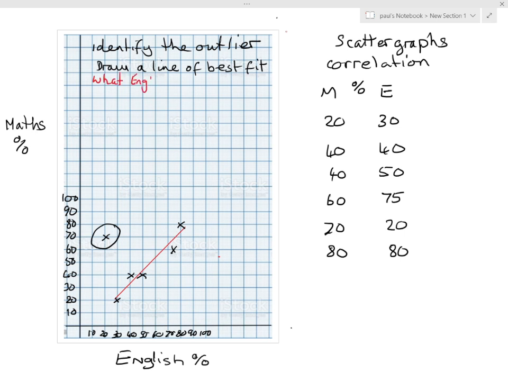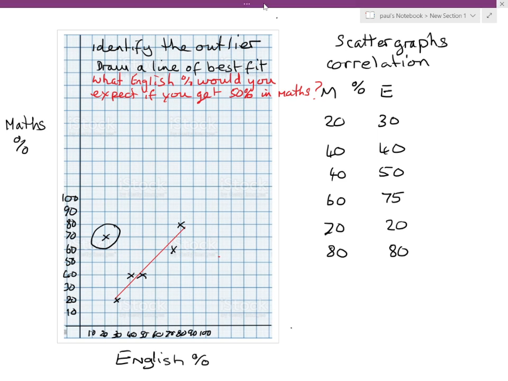The second question, based on your line of best fit that you've done, is what English percent would you expect if you get 50% in maths. Okay, right. So we need to draw from our 50% in maths, go along to our line of best fit, and this is where everybody will draw their line of best fit a little bit different.